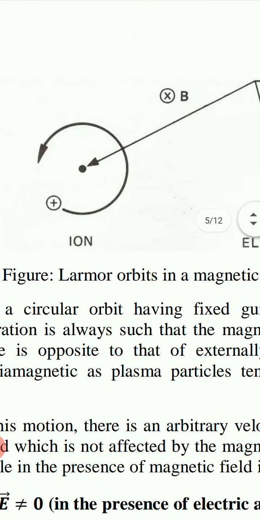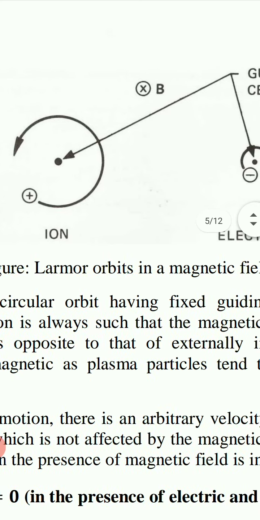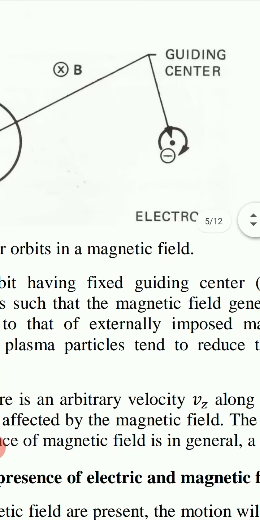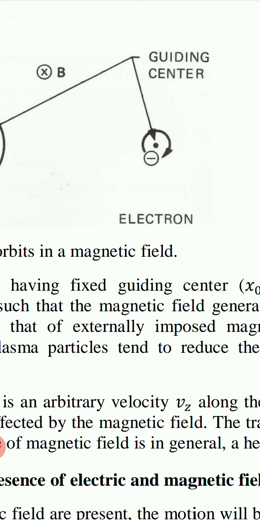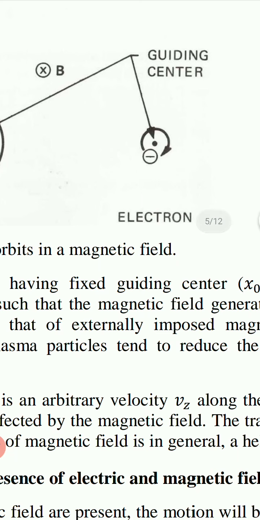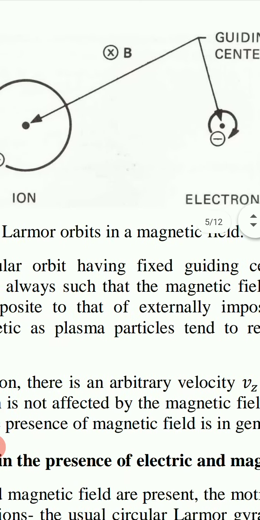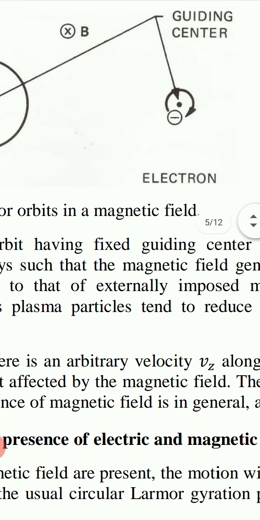Positively charged ions move in a circular path in the anti-clockwise direction, while negatively charged particles also move in the plane of paper in a circular orbit, but they move in the clockwise direction. If a positive charge moves in the anti-clockwise direction, a negative charge will move in the clockwise direction.